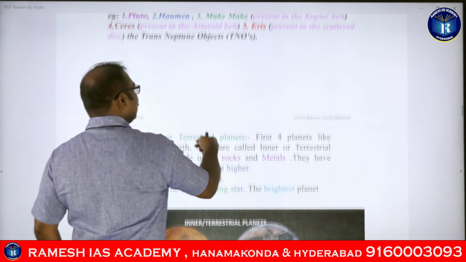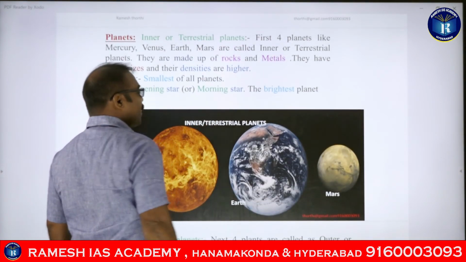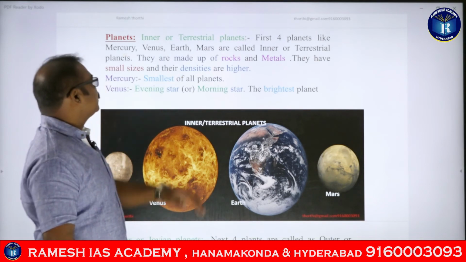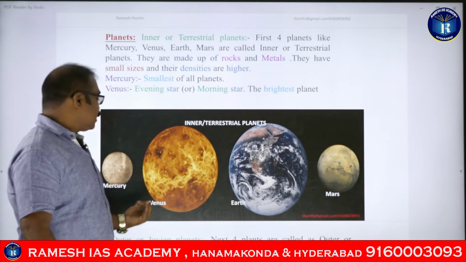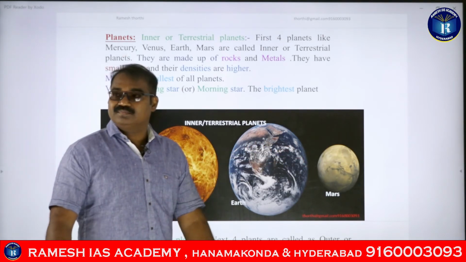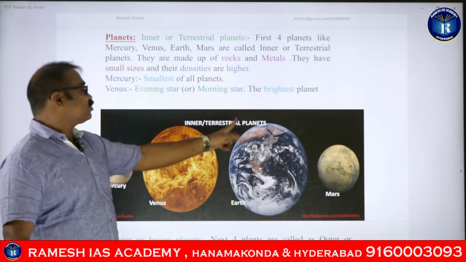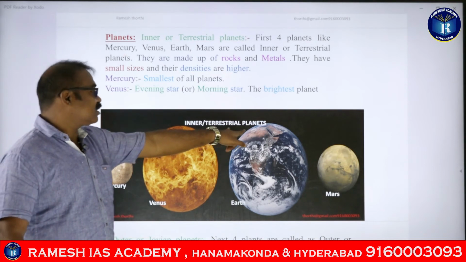Next we will be coming to our planets. When we talk about the planets, the first four of them, guys, Mercury, Venus, Earth and Mars, are called the inner planets or the terrestrial planets. Why are they called the terrestrial planets?